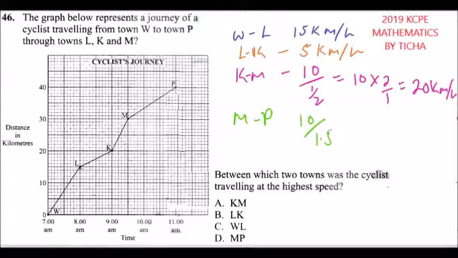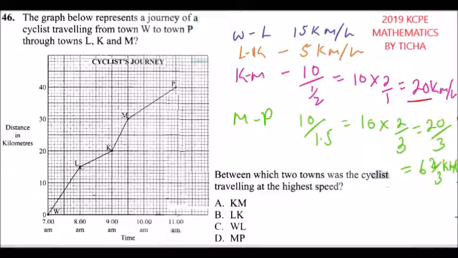You can write 1.5 as 3 over 2, so we have 10 multiplied by 2 over 3, which gives 20 over 3, which is about 6 and 2/3 kilometers per hour.